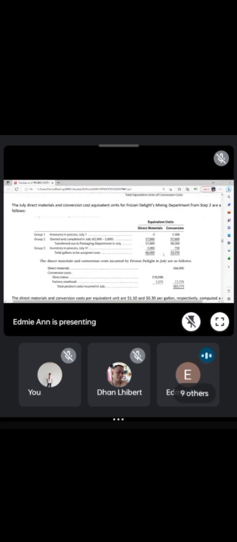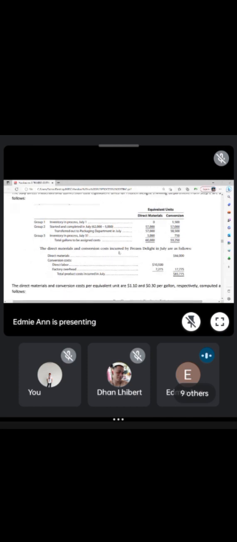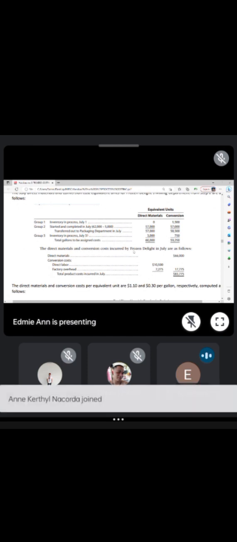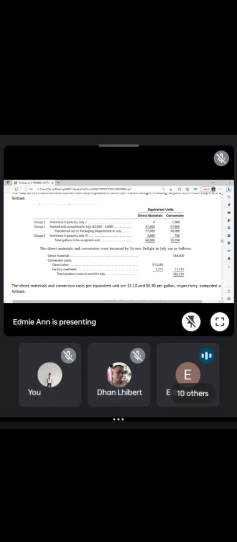Now, it was also given here the direct materials and conversion cost incurred by Frozen Delight in July. So, for the month of July, mao daw ni siya ang mga costs nga na-incur ni Frozen Delight. Ang nagasto ni Frozen Delight.